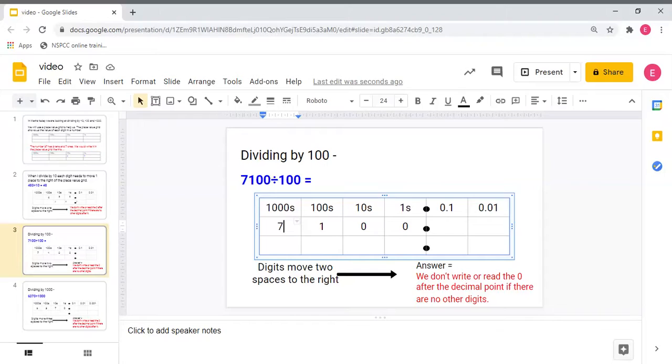So my 7 1,000s is going to jump to my hundreds and into my tens. My 1 100 is going to jump into my tens and then second time into my ones.